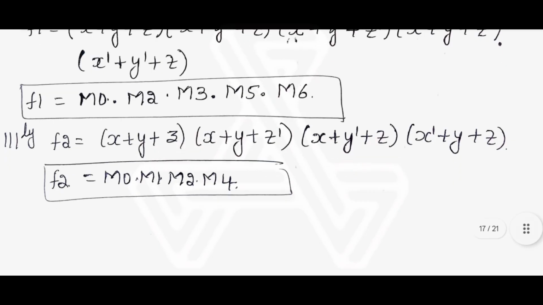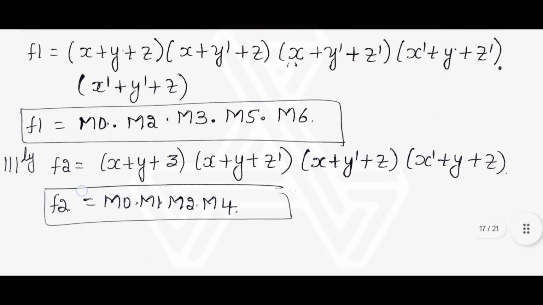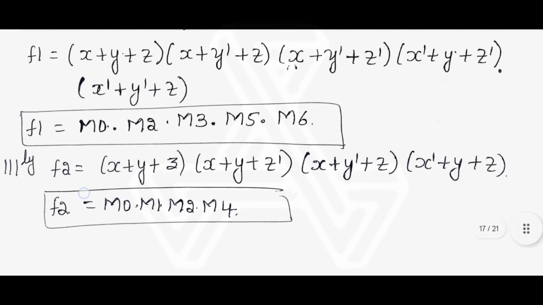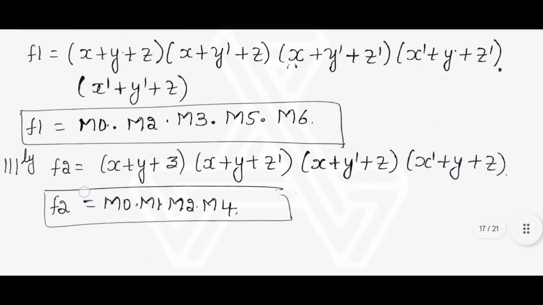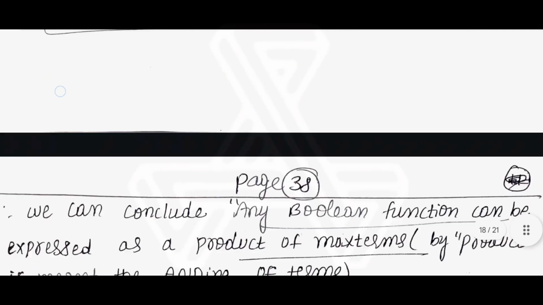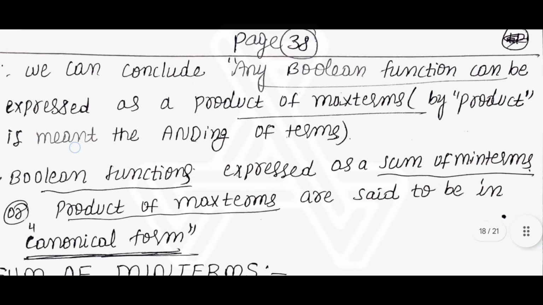Similarly, M0 dot M1, M2, M4 and so on. Next, we can conclude any Boolean function can be expressed in terms of a product of max terms. By product is meant ANDing of terms.